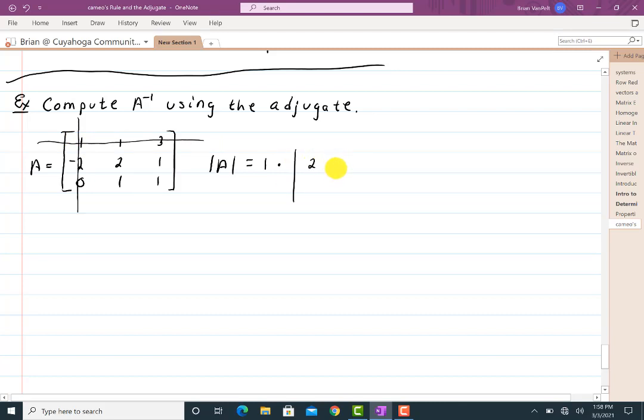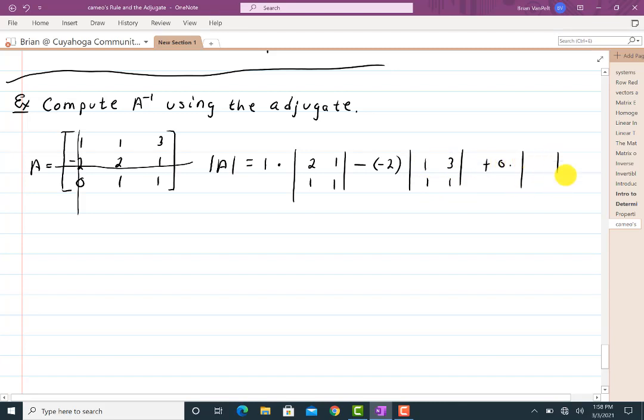And that will be 2, 1, 1, 1. I'm going down along the first column. So next I'm going to go along that row and that column. Remember, these get a negative here. So I have negative, negative 2 times what's left over, 1, 3, 1, 1. And then we'd have a plus 0 times whatever was left over. I really don't care about that part.